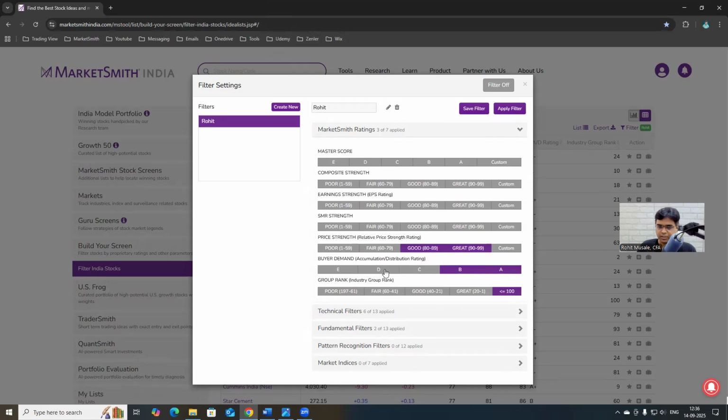Now, MarketSmith does not tell us how they come up with these values. So he's asking why to use this filter if they don't tell us how they come up with these values. Price strength we know, group rank we know, SMR we know to a certain extent, earnings also we know to a certain extent. Buyer demand, they are not transparent about how they come up with the values.